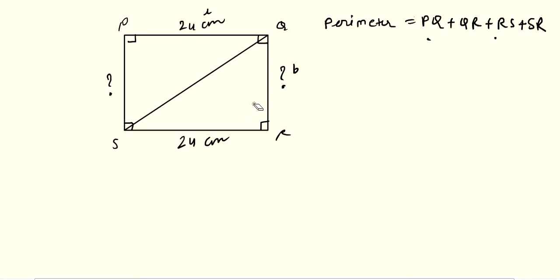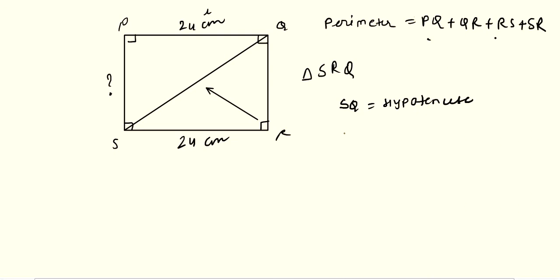Triangle SRQ is a right angle triangle. Remember chapter number 16, Pythagoras theorem. The side opposite to the right angle is the hypotenuse, so SQ is the hypotenuse. QR is the perpendicular and SR is the base.